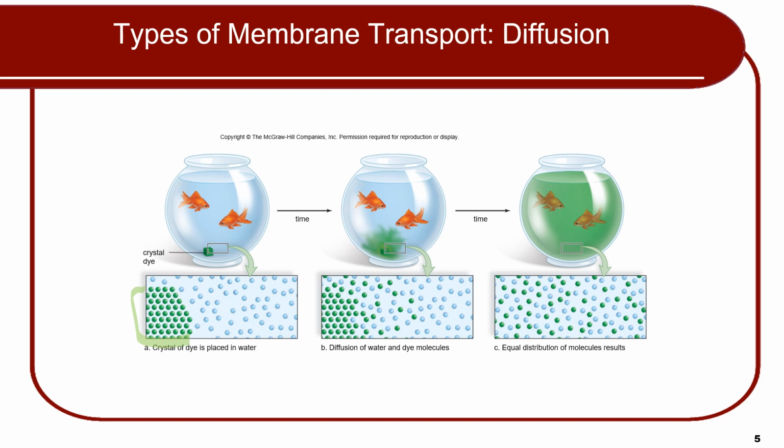When they're equally dispersed, that's equilibrium. The process of the molecules of dye moving is called diffusion. They're going from where there's more, which would be the crystal, to where there's less, which is the water, until they're equally distributed. And that's what diffusion is.